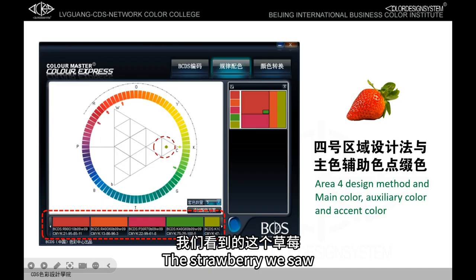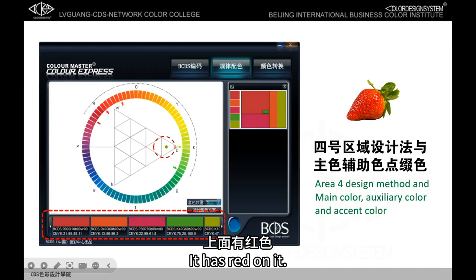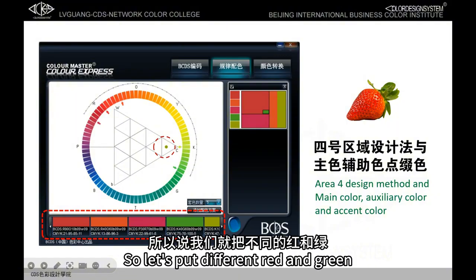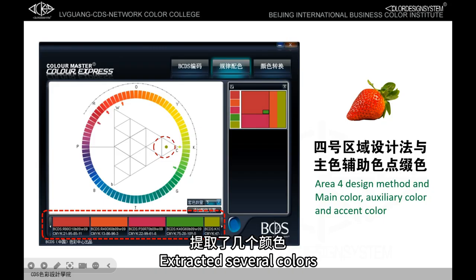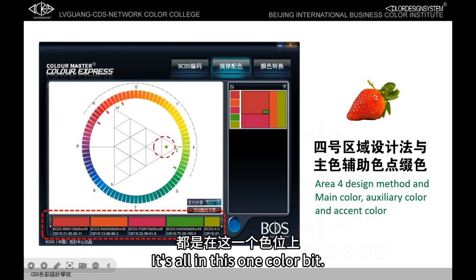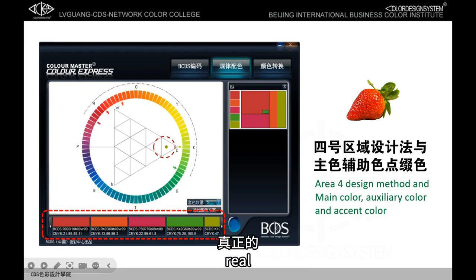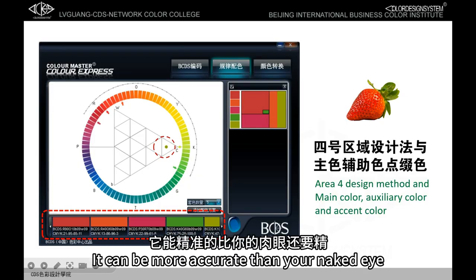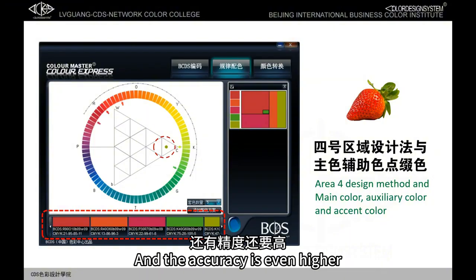The strawberry we saw has red on it, different reds, but there are also different greens. So let's put different red and green. We extracted several colors, but found one thing: all their colors are in this one color bit. When using digital quantitative color design, it can be more accurate than your naked eye, and the accuracy is even higher.